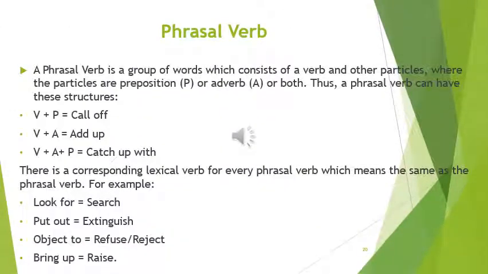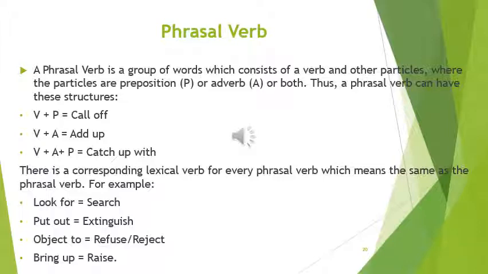The next item we're going to look at is the phrasal verb. A phrasal verb is a group of words which consists of a verb and other particles, where the particles are prepositions, adverbs, or both.